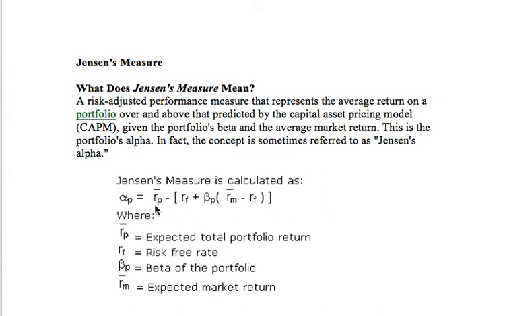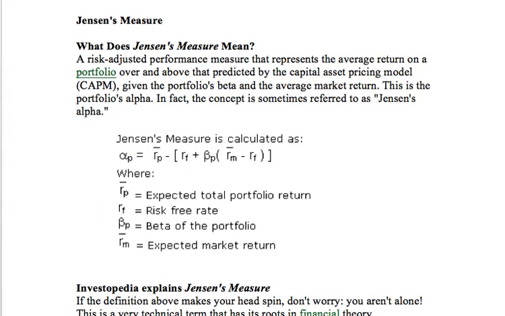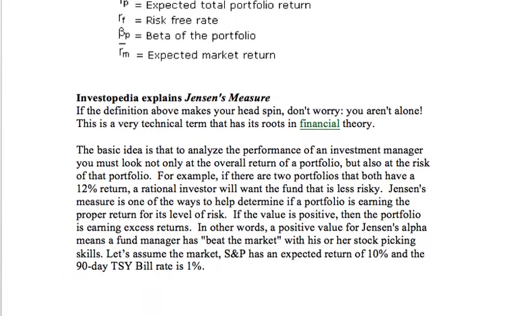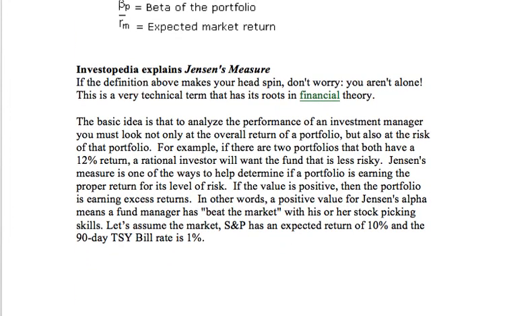Focus once again on the Jensen Alpha measure, which is equal to the actual or expected return from our portfolio or stock minus this risk-adjusted rate of return. If we come down here and look at an example, and here I'm giving a further explanation by way of Investopedia, what they mean by the Jensen portfolio.